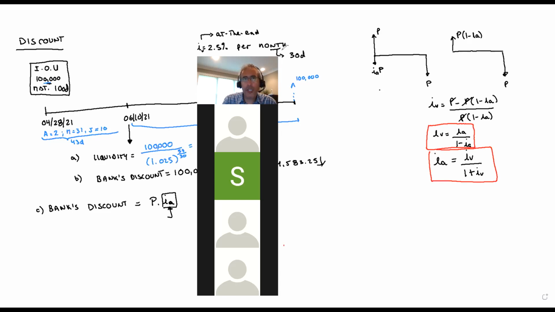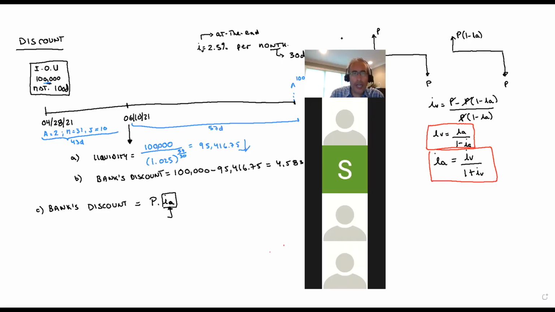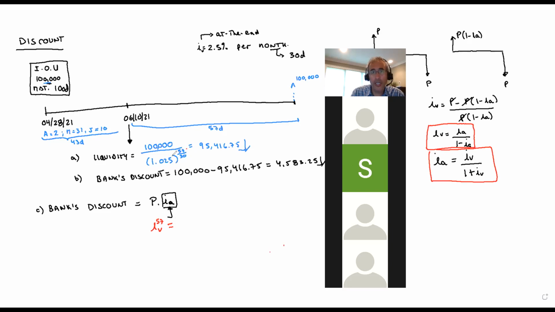Okay, so the trick here is, first of all, I need to find what is the IB for the period. So what is my IB for how many days? For 57 days, because that's what I need. How do I find my IB for 57 days, guys? Well, we have it already, right? It's going to be 1.025 to the power 57 over 30, minus 1.